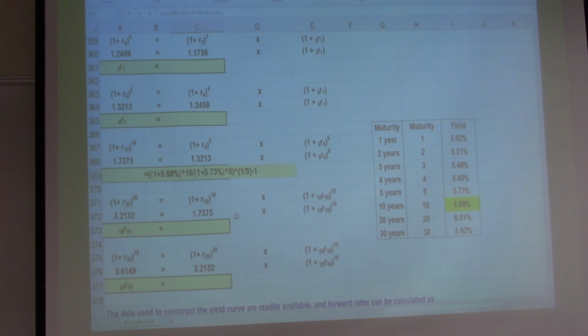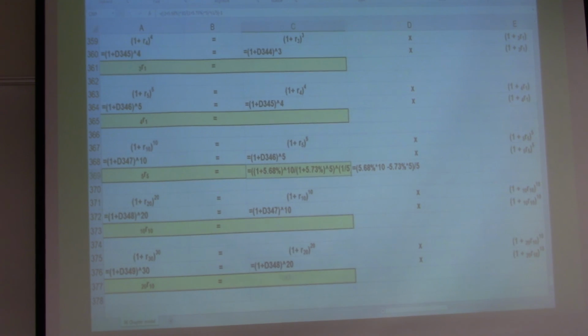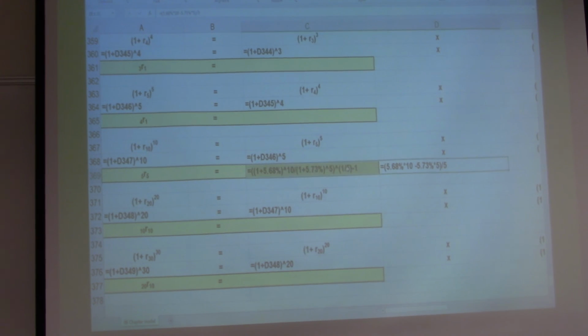Why is it 1/5? Yeah, let me show you the equation here. So you see this one. If you do this it's a lot easier, but it's the same thing.